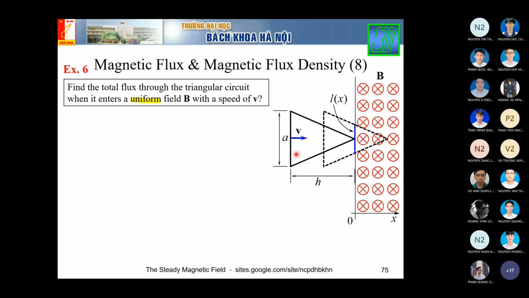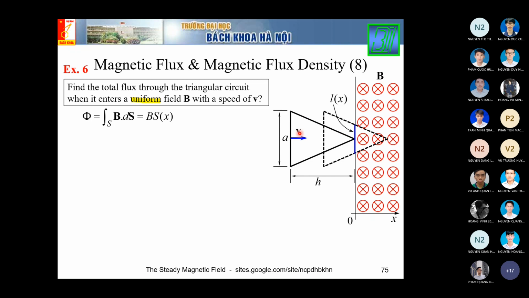So we're trying to find that. In our exercise here, we know that the frame is entering the field with the speed of v. So this is a magnetic flux, and it depends on the position of the frame.